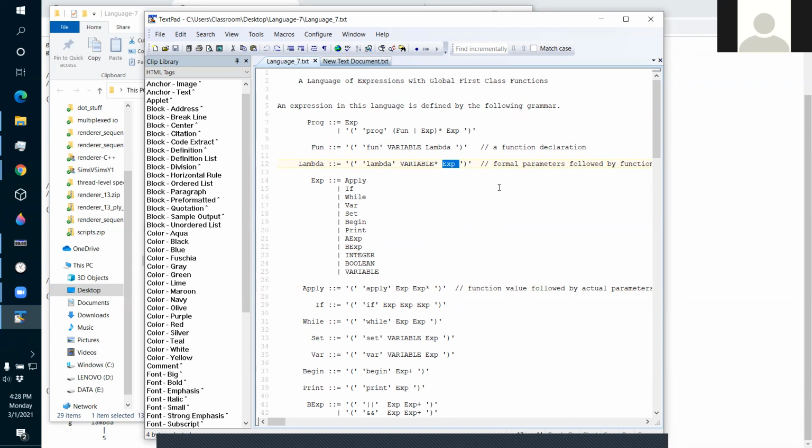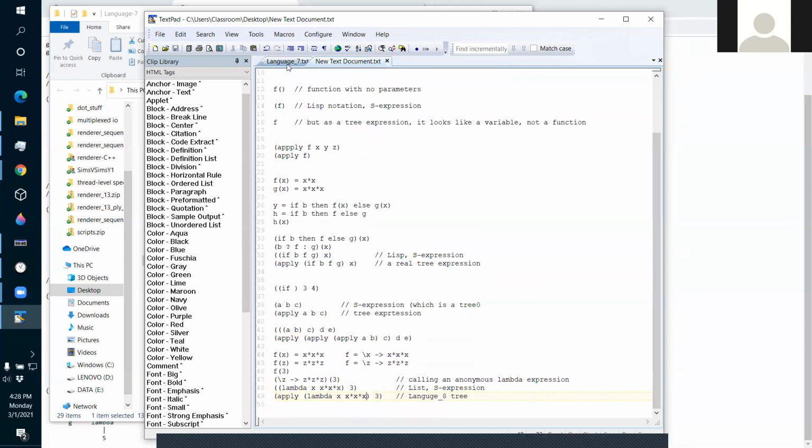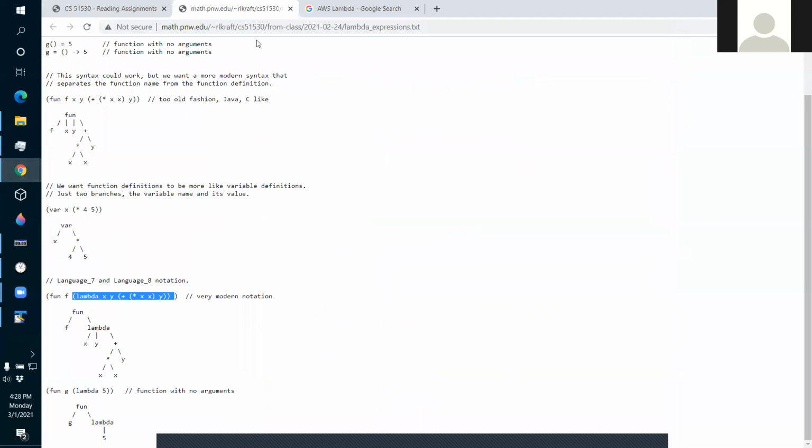So we've abstracted the notion of function away from just the idea of naming the function. Okay, so this syntax leads us in a more modern abstract direction. Separate name from what it does. Okay, and then you get these things like over here, the things we did the other day.